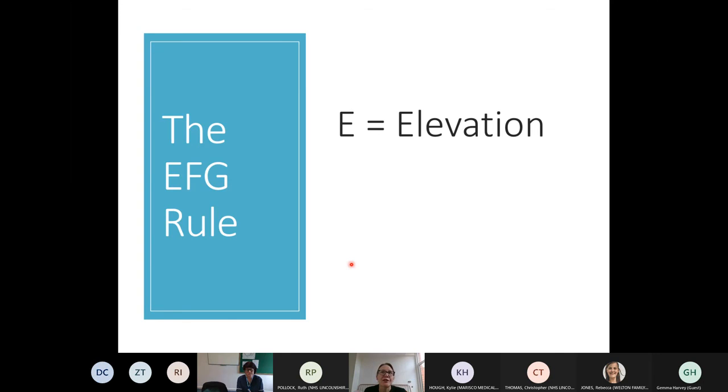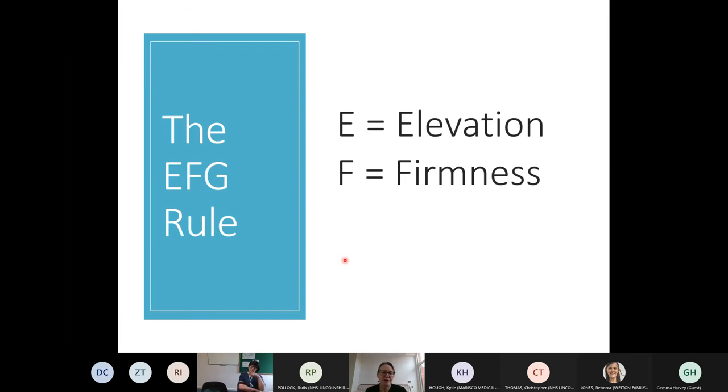So EFG, so the E stands for elevation. They're obviously both elevated, but this rule is kind of applying to skin lesions that are elevated. When you feel them, the melanoma feels quite firm. And what they mean by firm is the kind of feeling like the tip of your nose. So when you touch the end of your nose, it's not soft and squishy, and it's not hard like bone.